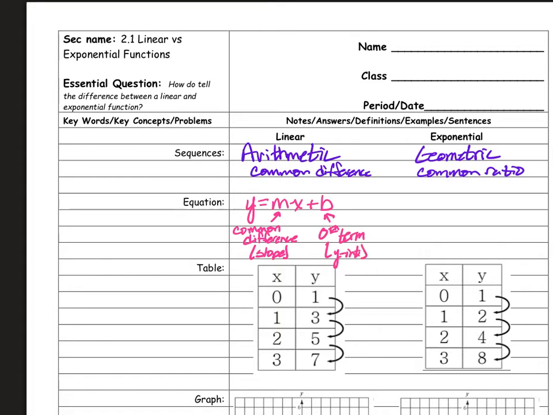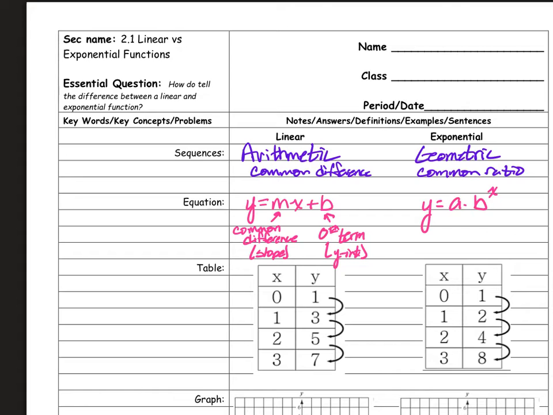Since we're going to start talking about graphs pretty soon, we're going to throw out slope and y-intercept at you. So know that those terms are interchangeable: my common difference and my slope, my 0th term is also my y-intercept. Okay, and the equation for my exponential looks like this. y equals a times b to the x power.